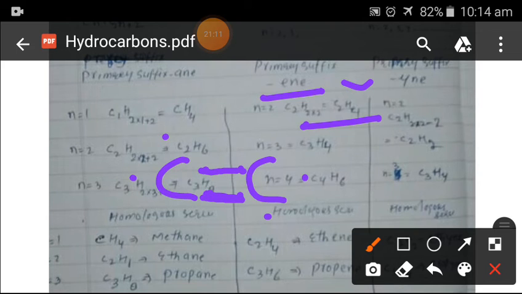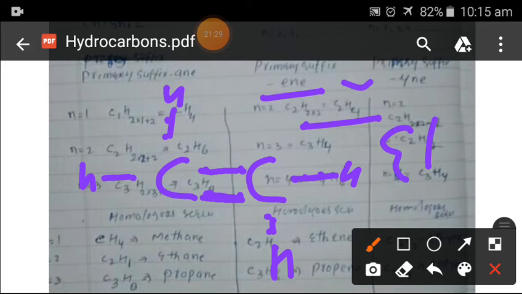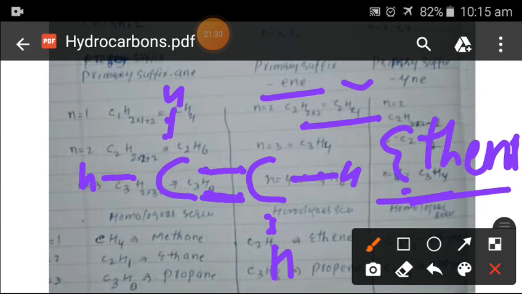So there is a formation of a double bond between these carbon atoms. The rest of the valencies are fulfilled by hydrogen atoms. As a result you will see the formation of the first member, called ethene. Clear? The ethene molecule is formed by mutual sharing of electrons, resulting in the formation of covalent bonds.